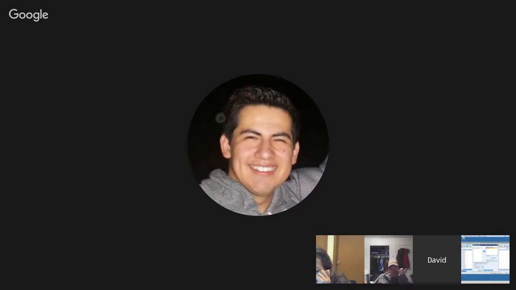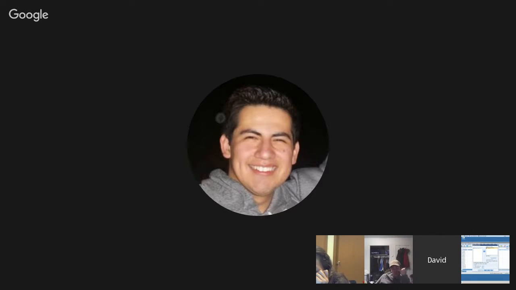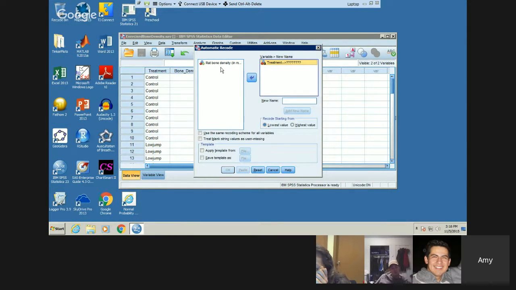The bone density doesn't have a little A on it, it's already been recoded, and this one does. The treatment does. And when we recode it, the problem says we're looking for the test statistic, so the t value.